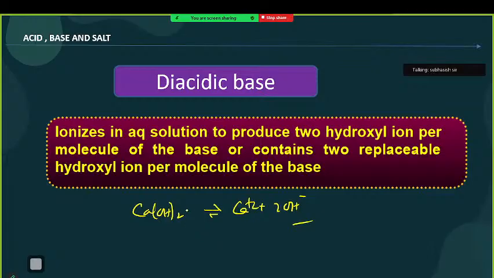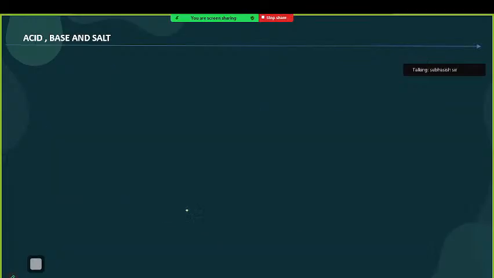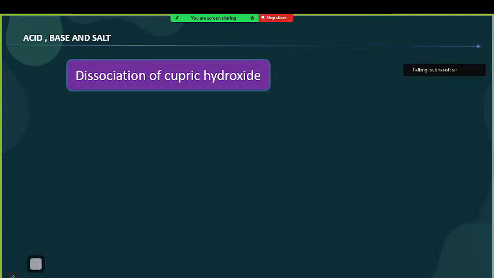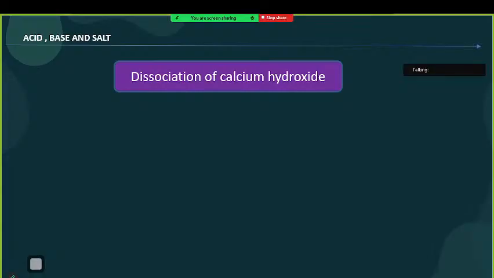So these are diacidic bases. Cupric hydroxide is also diacidic because it dissociates into copper 2 plus plus 2 OH minus. One molecule of calcium hydroxide gives 2 OH minus.